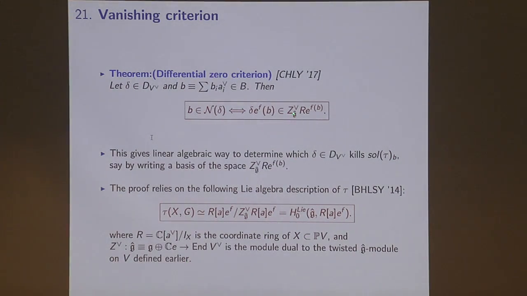So Z check now acts on this ring R together with this multiplied by this formal exponential. So this is just the sum of all images of this vector field on this vector space. In principle, you can write down a basis of this vector space, so you can literally check by hand when a given point is in this vector space, at least in principle. Okay, so this gives you a linear algebraic way to determine membership for this zero set.